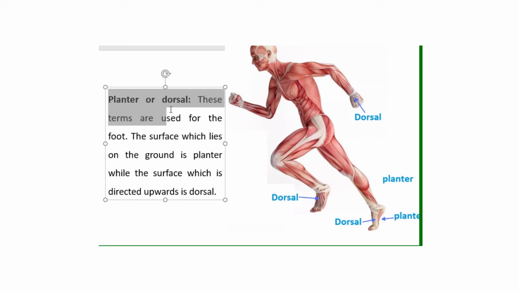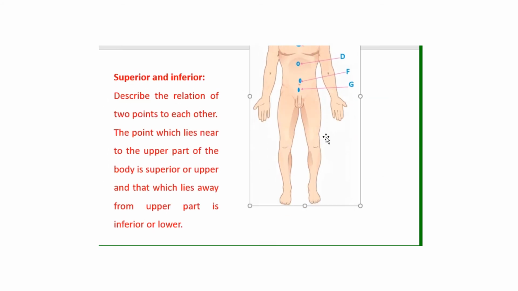The same applies to plantar and dorsal. A plantar point is on the plantar surface of the sole, which touches the ground in the anatomical position. Dorsal is the dorsal surface of the foot, the upper surface when a person stands in the anatomical position like this.